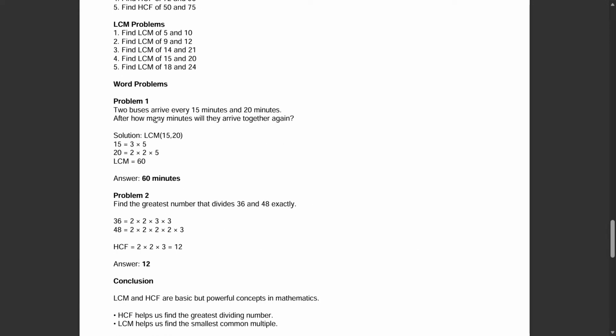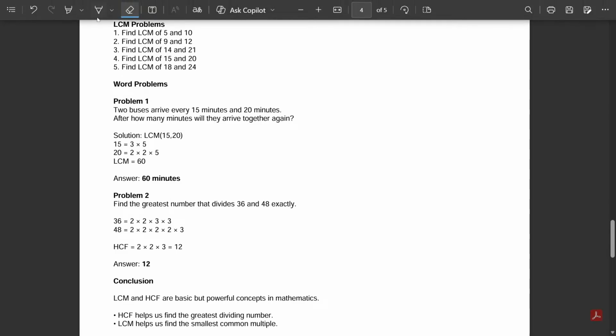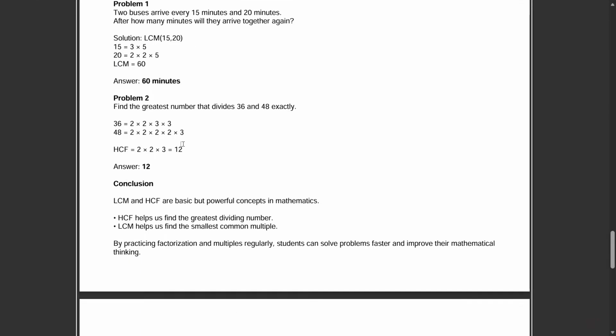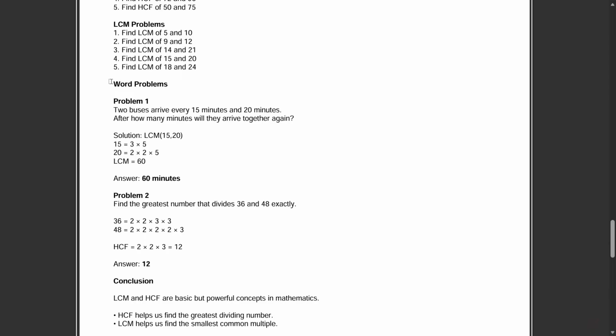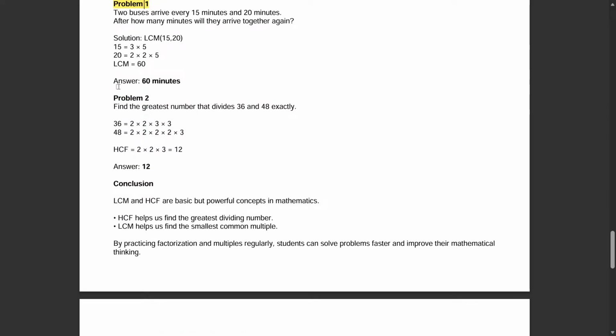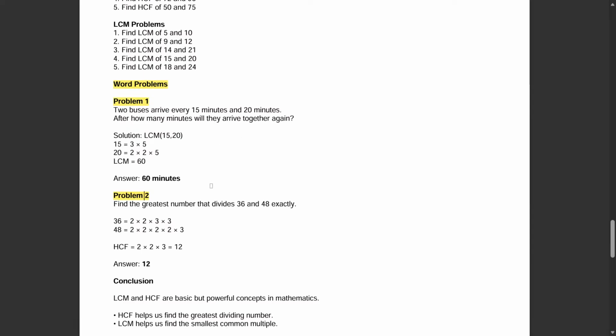Here are also some problems. Try to solve them in your notebook. Take a screenshot. Problem 1 and problem 2, and try to find out, or you can also check how they are solving these problems. Okay.